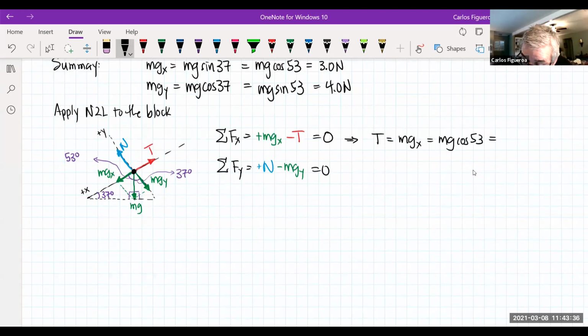Since I just put that number there, that's going to be 3 newtons. If I look at the normal, I can write mgy, which then is going to be mg sine of 53, and I'm going to get 4.0 newtons, right? I get those components right there.